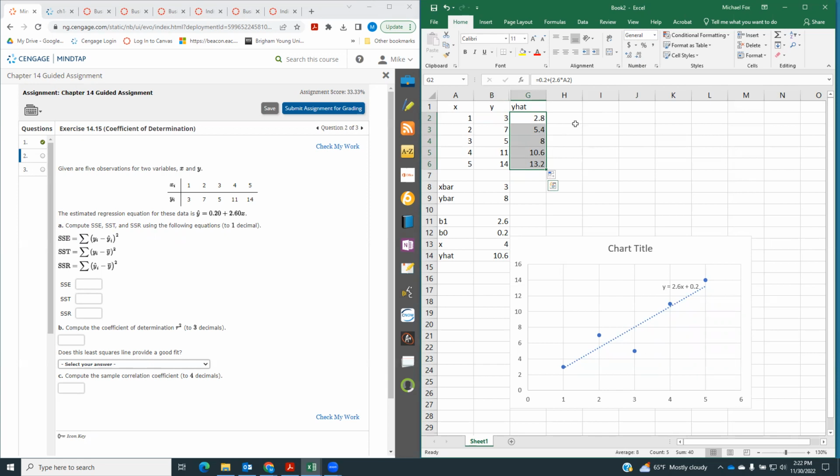It just means the difference between what we would expect to see and what we actually saw. Okay, so this is going to be yi minus y hat. So the difference between what we actually saw or observed and what we would expect it to be.